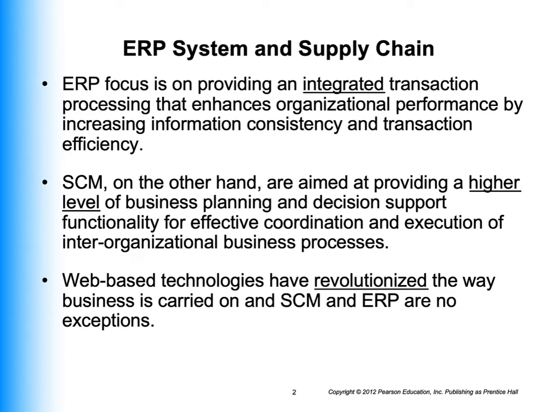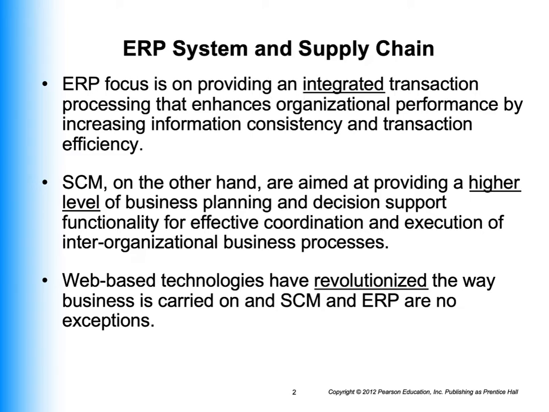This is basically to increase efficiency and consistency. On the other hand, supply chain management, or SCM, is a higher level of business planning. This is basically to support decision making, and both are basically web-based technology.